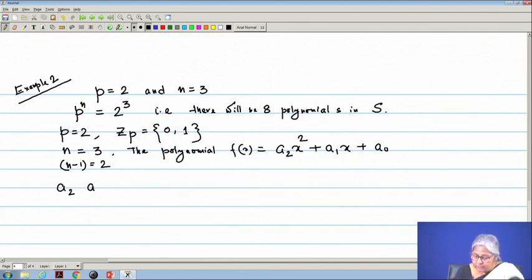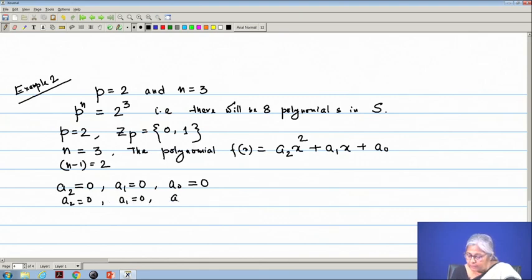So, I can write a2 equal to 0 and a1 equal to 0, then a0 can be 0 or 1. a2 equal to 0, a1 equal to 0, a0 equal to 0, and a2 equal to 0, a1 equal to 0, then a0 equal to 1. So, the polynomial is here f x equal to 0, here f x equal to 1.